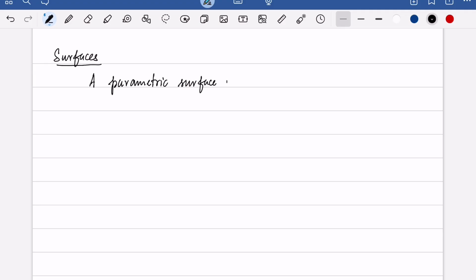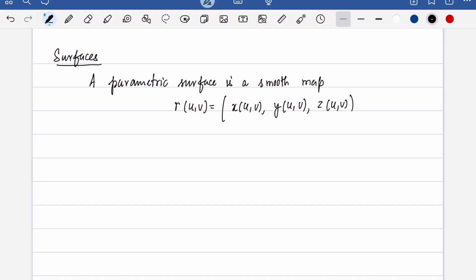A parametric surface is a smooth map which we denote by r of (u, v), defined as x of (u, v) as its first coordinate, y of (u, v) the second coordinate, and z of (u, v) the third coordinate, where this (u, v) is a vector in R squared. Here r is a vector valued function, a function from some subset D of R squared into R cubed. So this is how we denote a parametric representation of a surface.